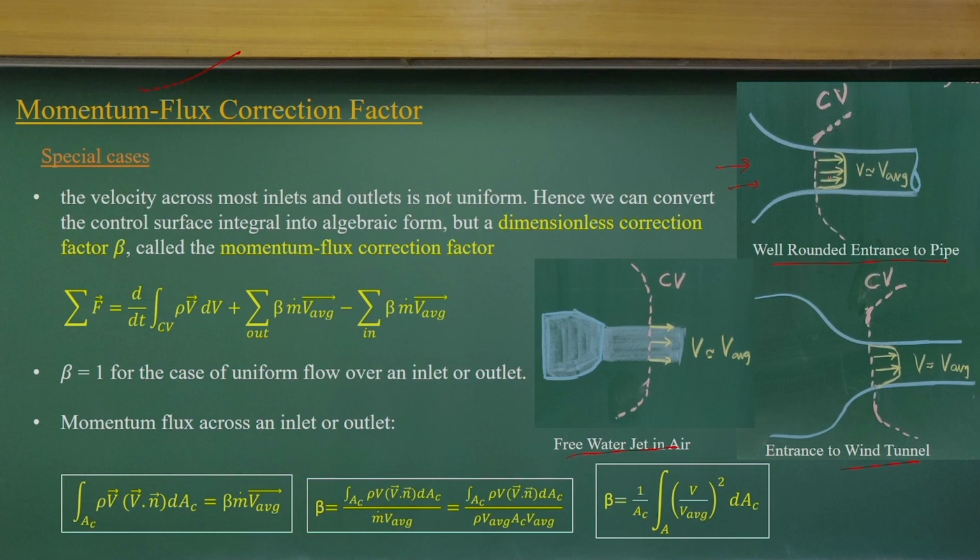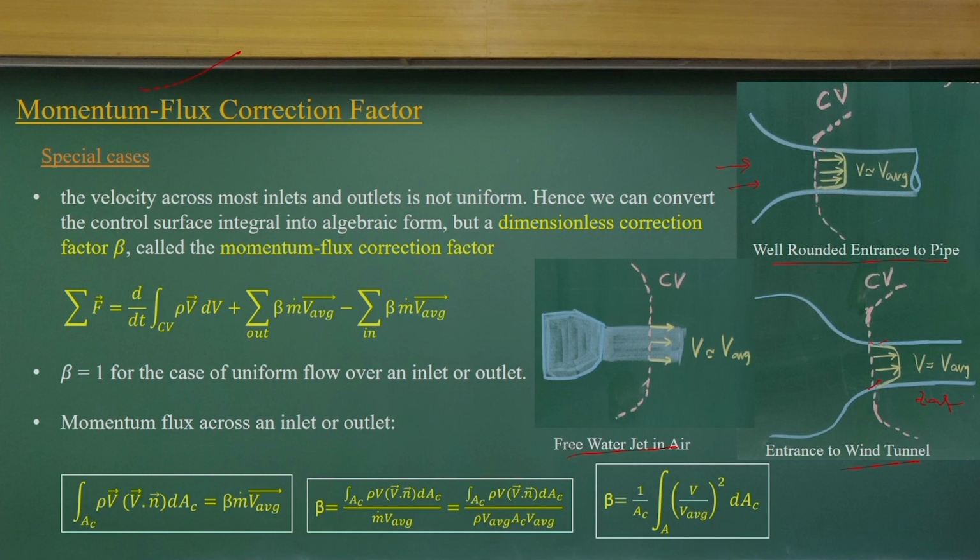You will see the velocity distribution there: at the wall it will be 0, then the velocity distribution comes and goes to 0 again. Similarly, you have a wind tunnel with a larger section coming into a test section. Over this control surface the velocity will be 0 at the wall, then the distribution, then coming back. Or you have a free water jet coming into air.